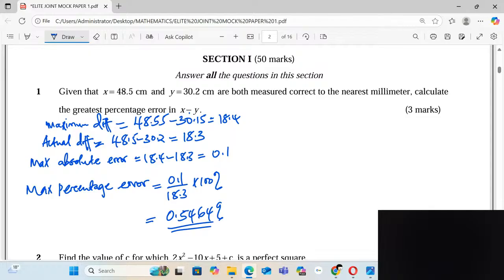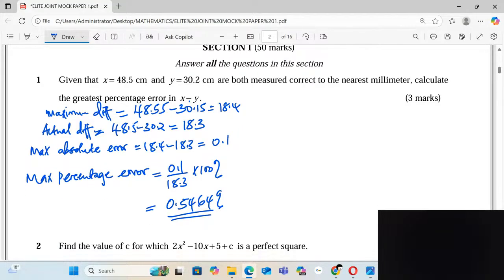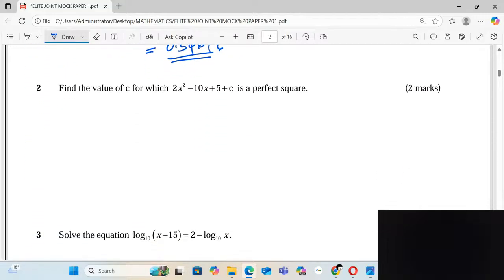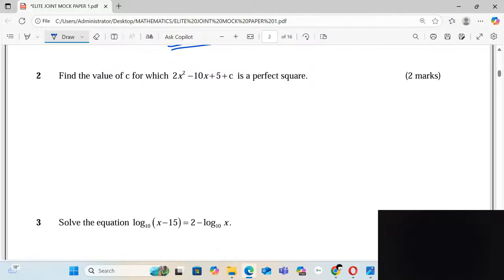Let us move to question number 2. It says, find the value of c for which 2x squared minus 10x plus 5 plus c is a perfect square.